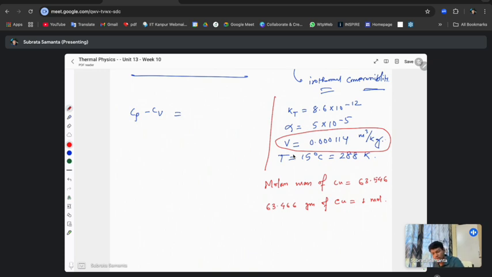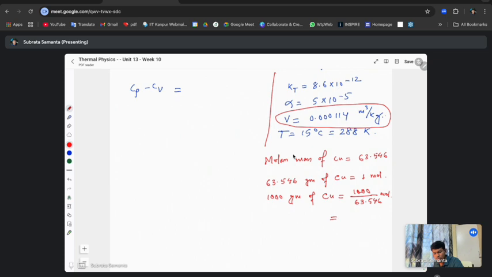So 1000 gram of copper. 1 kg means 1000 gram. So 1000 gram of copper equals 1000 over 63.546 mole, which equals 15.7 mole, right?